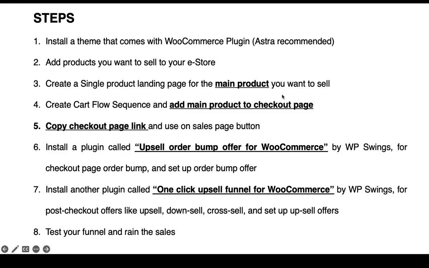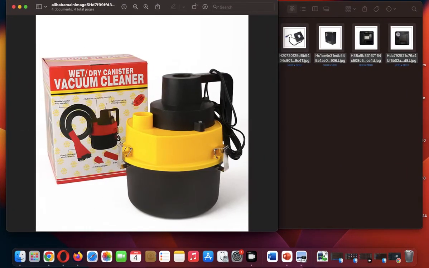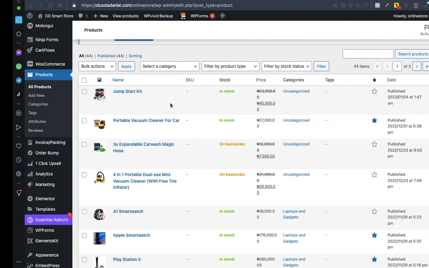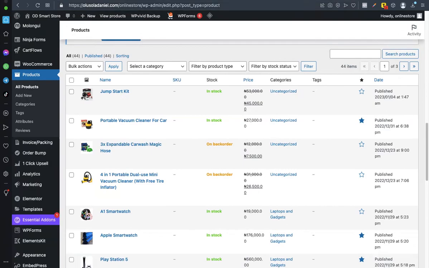But if you can't do that, you can just search through the video tutorials. You'd get a video showing you how to design a single product landing page, but in this case, guys, like I said, I already have the landing page for this product already set up. So this is it here.